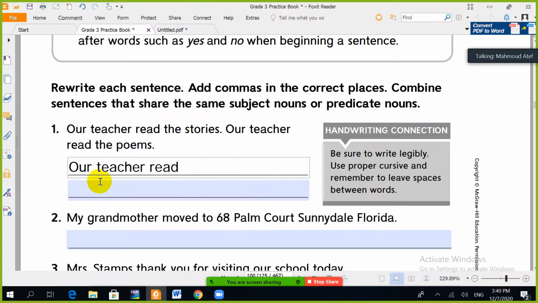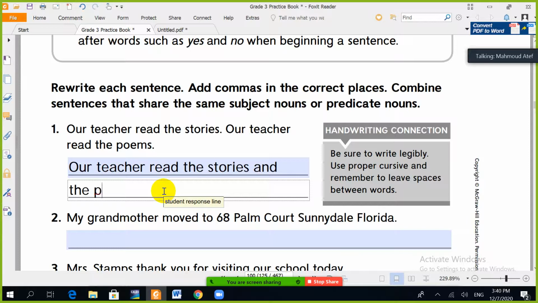For number one, we make a combined predicate.